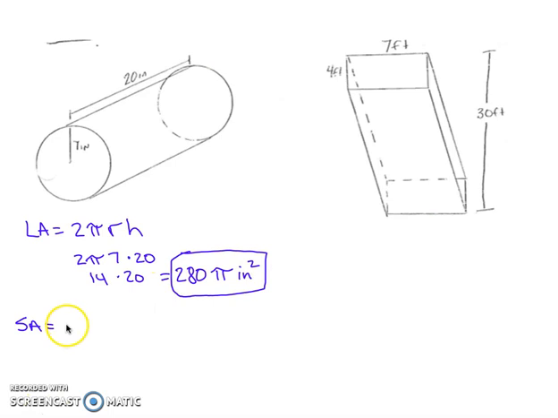Now, in order to find the surface area, the first part of the surface area formula is 2 pi r times the height, which we just figured out to be 280 pi. So I would take 280 pi plus, and if you look at the formula, the second part of the formula is 2 times pi r squared.